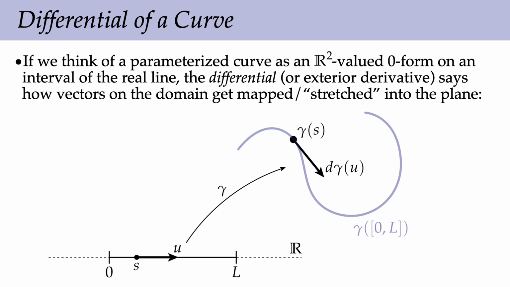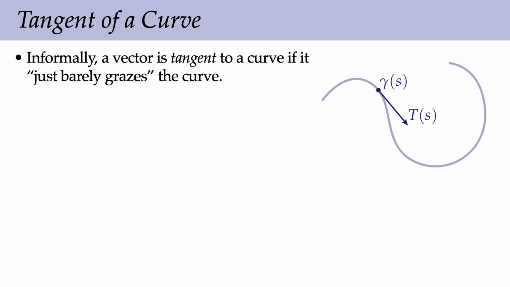Well, it's d gamma of u. We take the vector and we kind of push it forward into the plane. Okay? The differential is, by the way, not the same as the tangent. Okay? The tangent, well, let's just talk about what this means intuitively. The tangent is a vector that just barely grazes the curve, okay, informally.